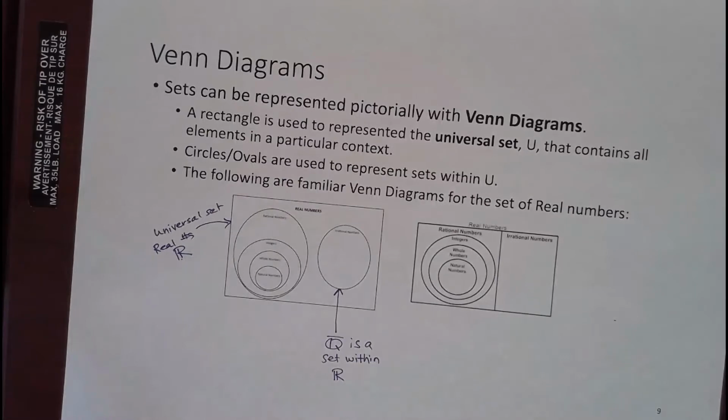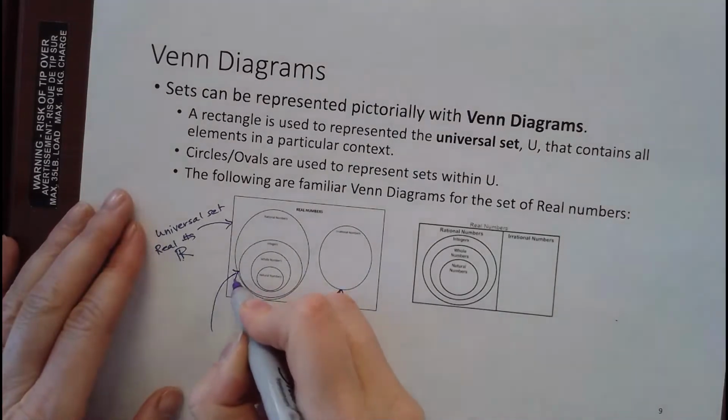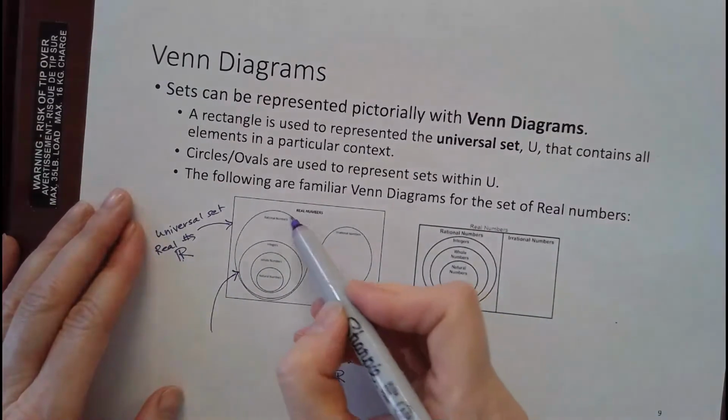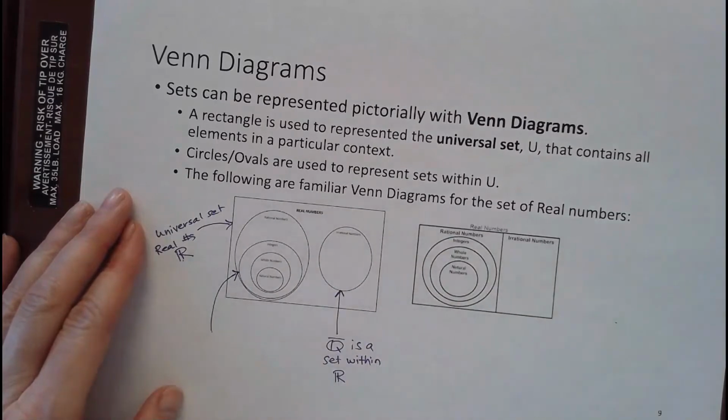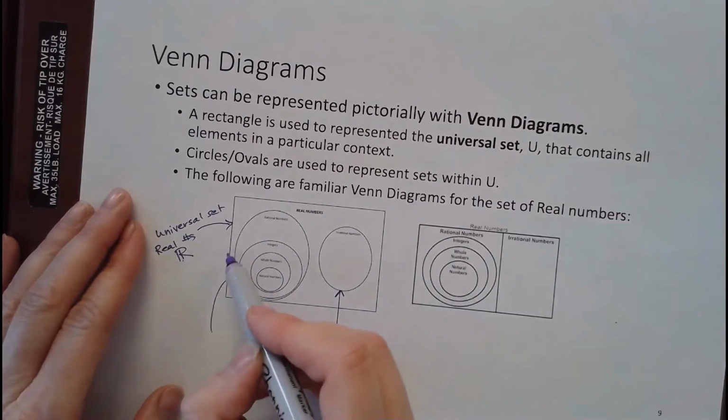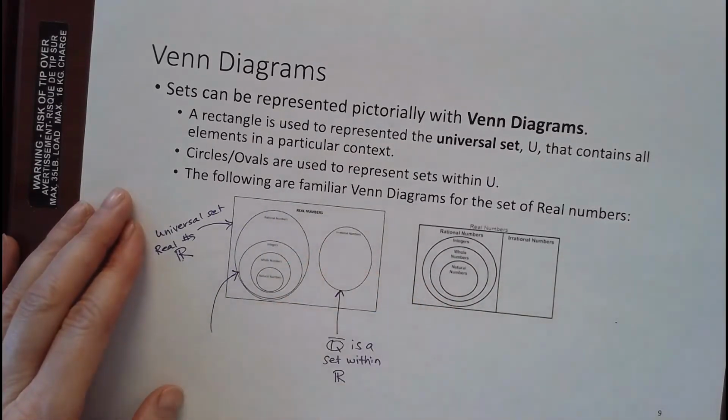That tells us that the irrational numbers are a set within the real numbers. Similarly, this one over here on the outside is the rational numbers. That circle is telling us that the rational numbers are a set within the real numbers.